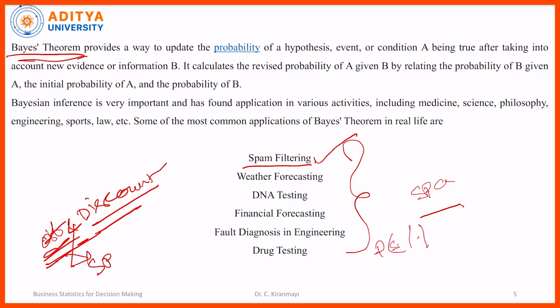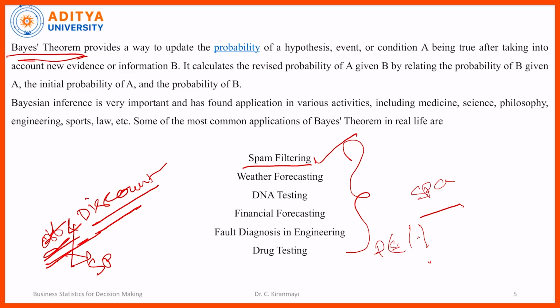So, based upon this, when a mail is received with a particular keyword, it classifies what is the probability that it is a spam mail.